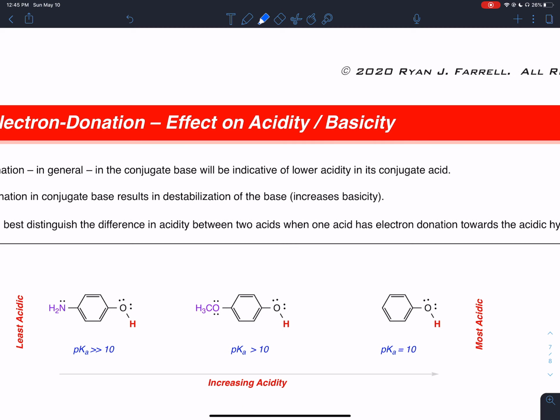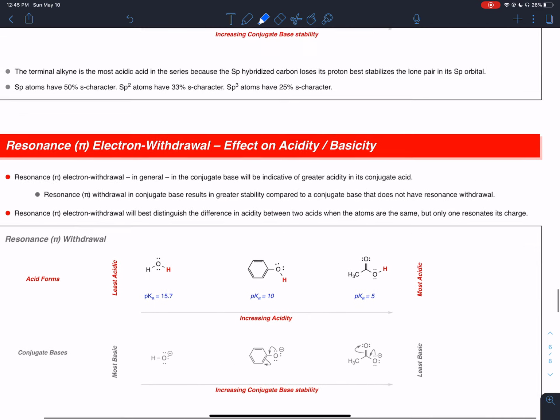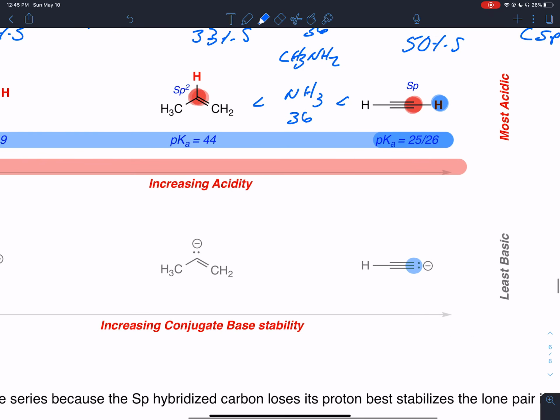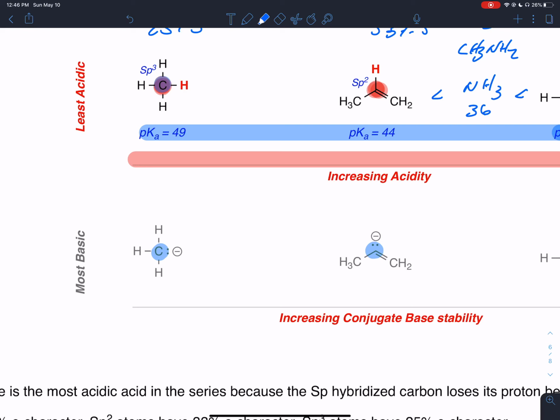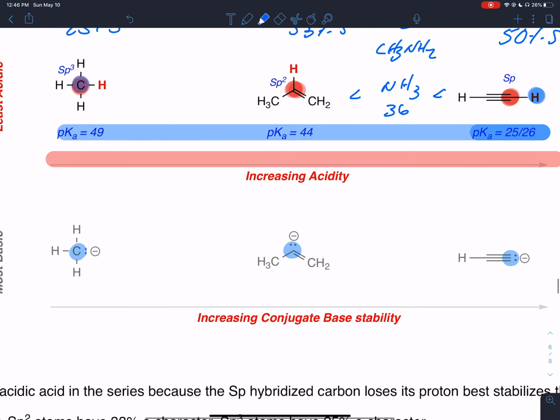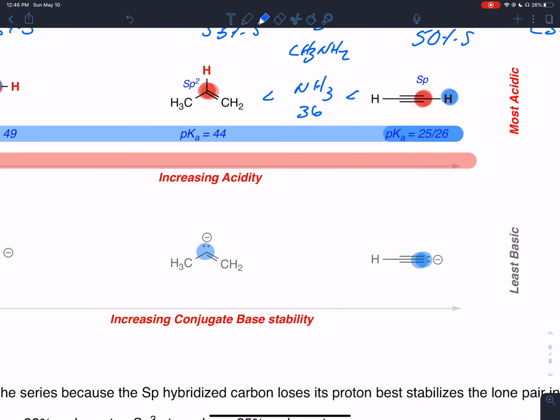We have an sp hybridized carbon bearing the negative, an sp2 hybridized carbon bearing the negative, and an sp3 hybridized carbon bearing the negative. This sp hybridized carbon is going to be the most electronegative, and therefore it is the most accommodating of that negative. It will stabilize that negative charge to the greatest extent.